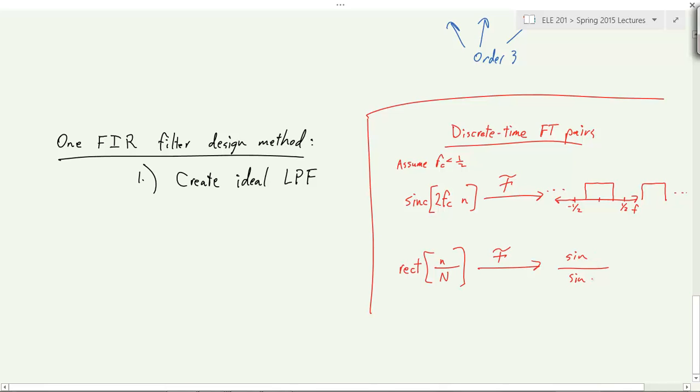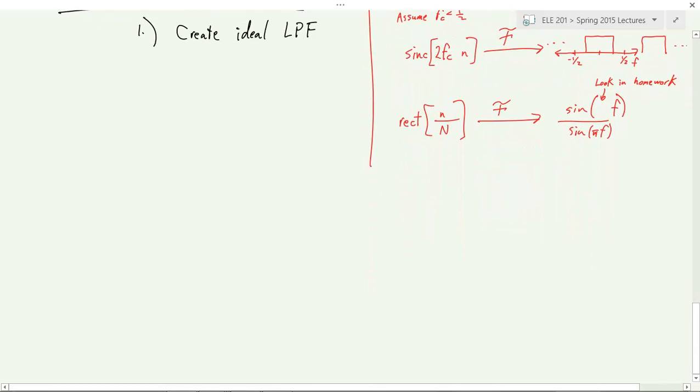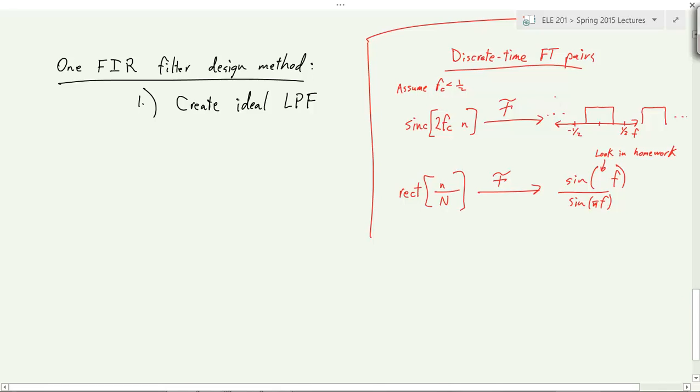It was like sine of pi f on the bottom, and the top depended on N, something like N pi f. We'll look in the homework. So you get something sinc-like. If you were to plot it, it's sinc-like, but it's not exactly sinc. So a word of caution: if you take what you know in continuous time to discrete time, you better check that it still holds. But what we want is the low-pass filter. That's the top one. So we still have that in time, this is actually a sampled sinc.